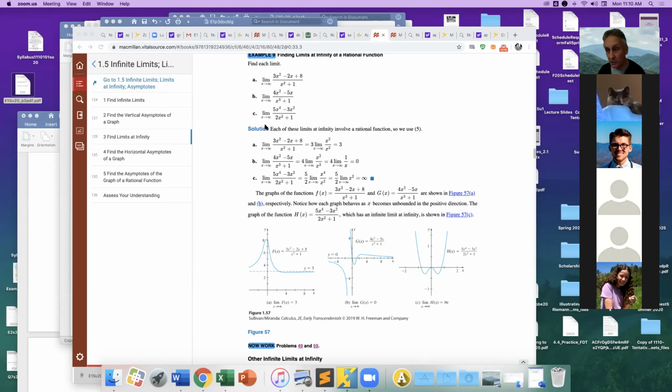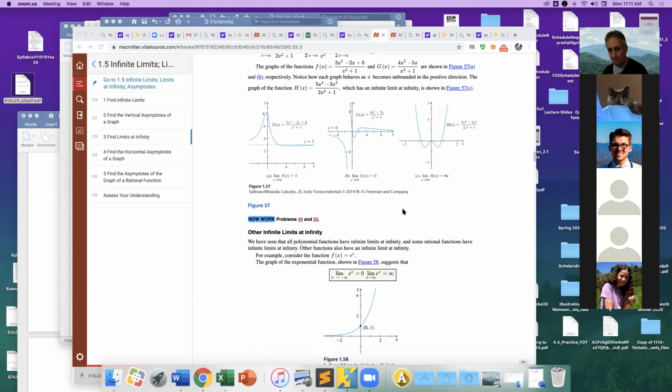The 5 and the 2 make no difference. You've got x squared on top. This thing's going to infinity. As x goes to infinity, it's going to infinity. Just like this is showing down here. Okay? So you end up with x squared, which means in the long run, it's going up to the right and up to the left. Okay? Questions on those examples?